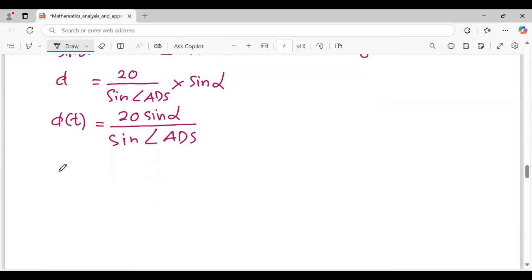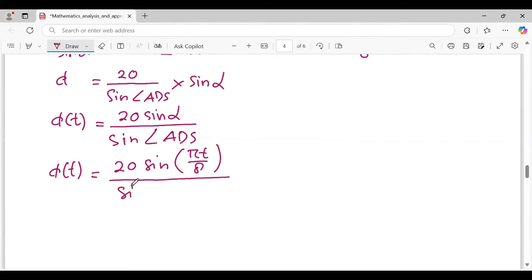So dt is 20 sine pi t over 8 over sine angle ADS.